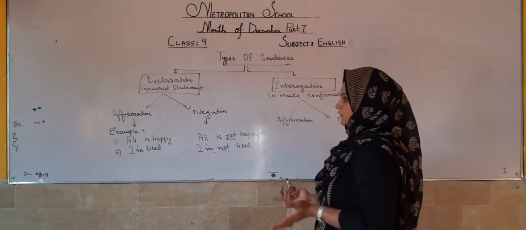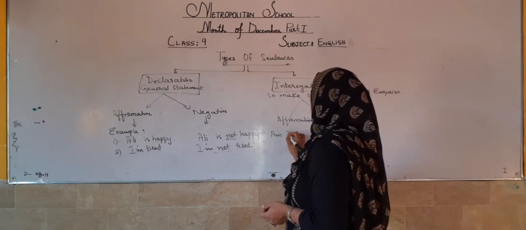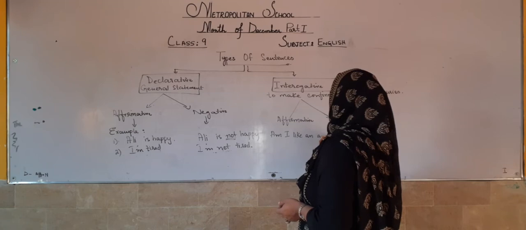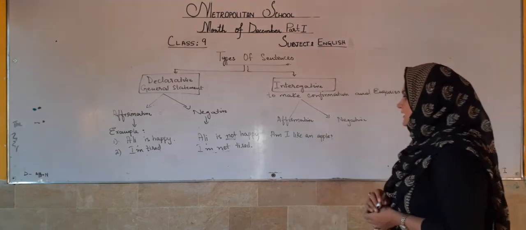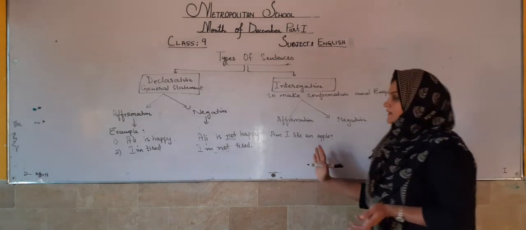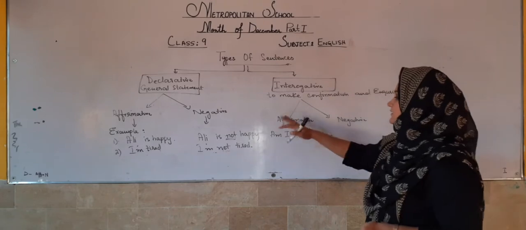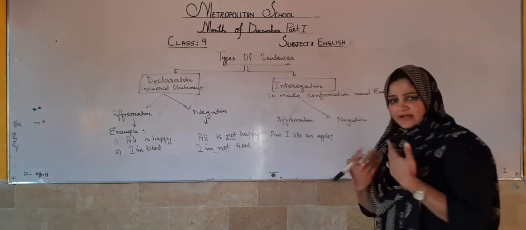If I am going to write, am I like an apple? Am I like an apple? This is a statement in affirmative form. Here I am going to ask a question. Now this is a confirmation. Am I like an apple?